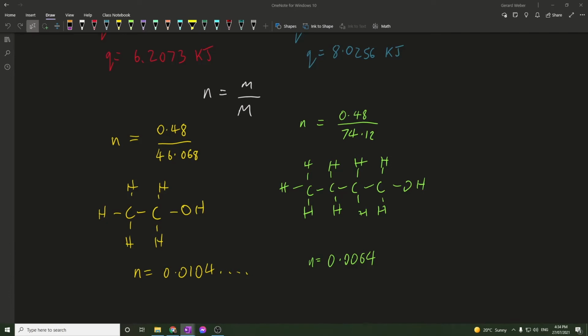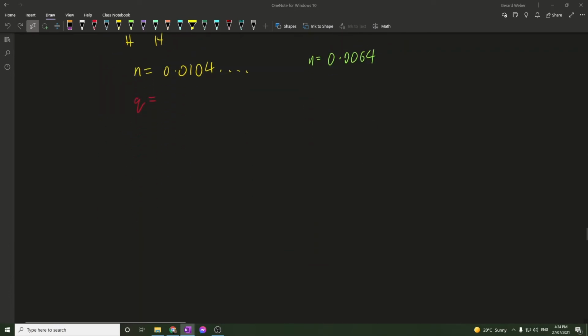Great. So let's try combining these numbers. That's N. Q for ethanol was 6.2073, and our Q for butanol was 8.0256, and the formula we need to use here is the one we looked at the start.